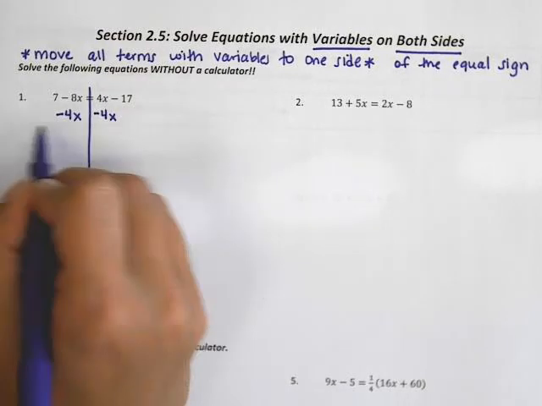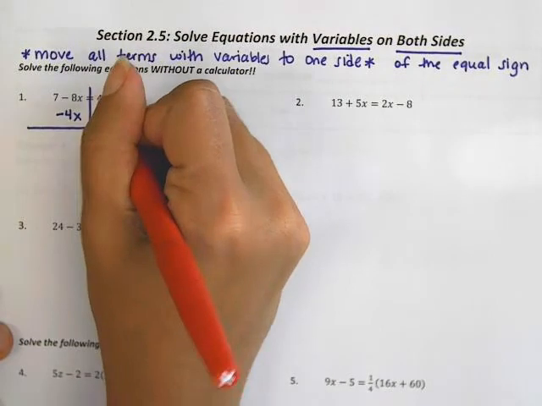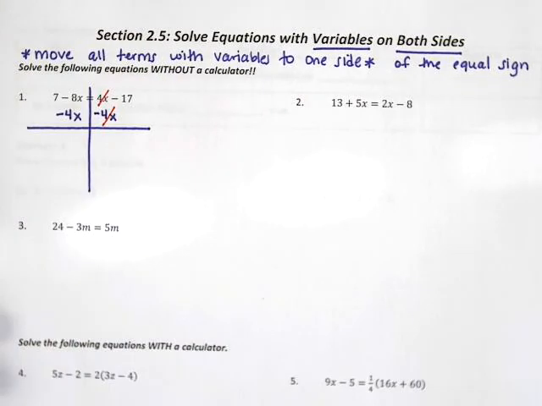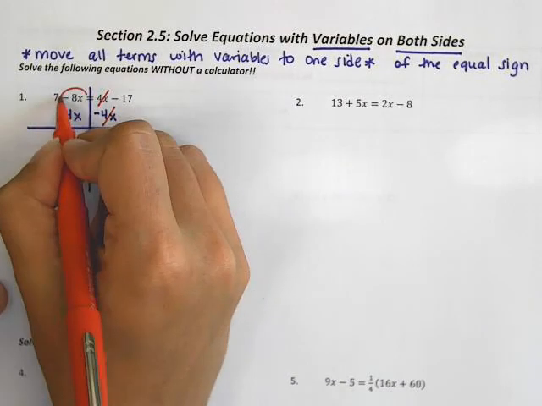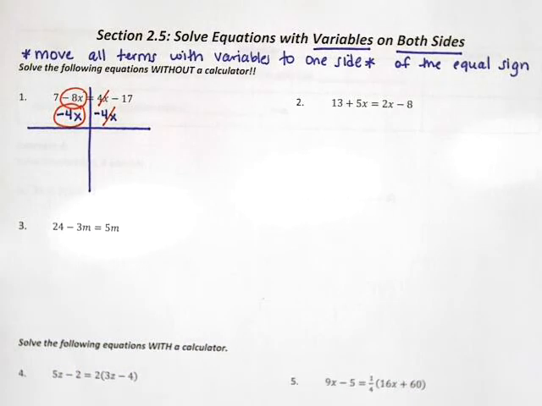And to undo a positive, we would subtract. So below there, I'm going to draw my horizontal line and I'm going to look at what happens. Because I subtracted the 4x, the 4x cancels on the right-hand side. On the left-hand side, if I look at what I have left, I notice that the negative 8x and the negative 4x are like terms.